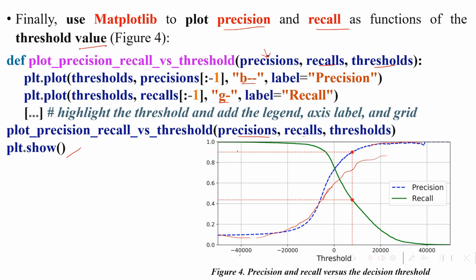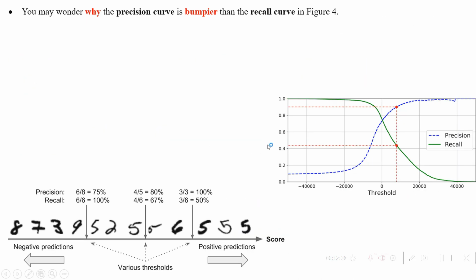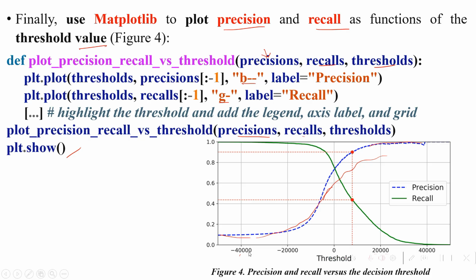Whereas initially the recall is a very high value, but as the threshold value is increased from minus 40,000 to 40,000 towards the positive side, the recall value goes from 1 towards 0. That means the recall decreases, whereas precision increases.